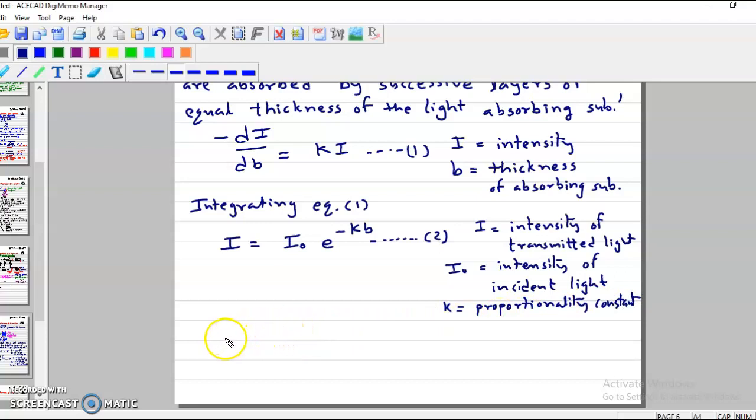Here the very important part is this: the intensity of absorbed light will be equal to the intensity of incident light minus the intensity of transmitted light. Let us call it equation 3.